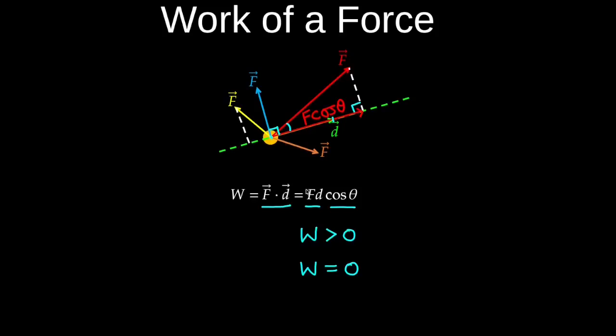And for the yellow force here, if we project it in the direction of the distance vector, it's going to act against the distance vector, and therefore in this case, the work done by the force is negative. And here is another example where the work done by the force is positive. Basically the sign of the work done by the force is dictated by cosine theta.